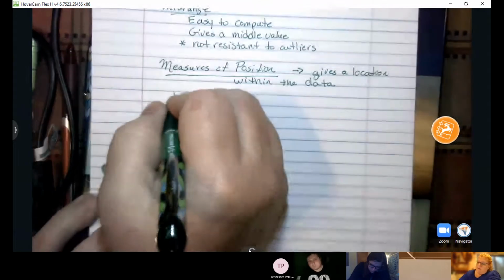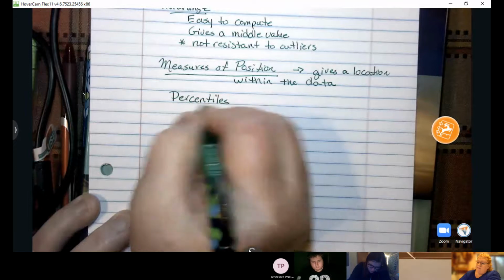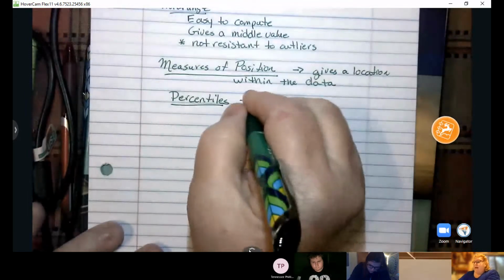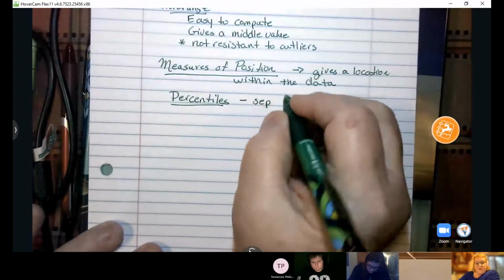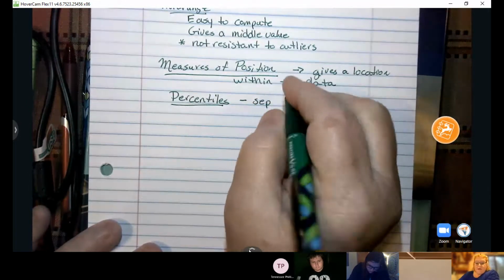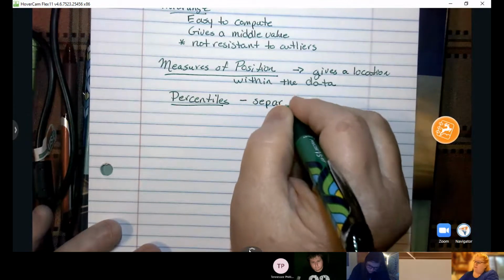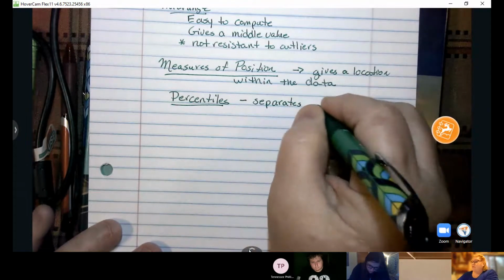One of the first ones that we're going to look at is percentiles. Percentiles separates your data into 100 parts, regardless of whether you have 100 pieces or you have more than 100 pieces. It separates it into 100 parts.